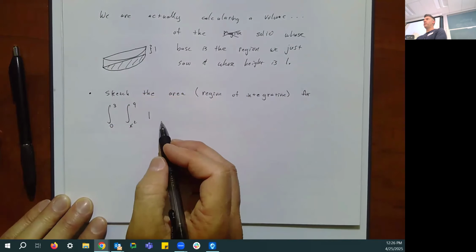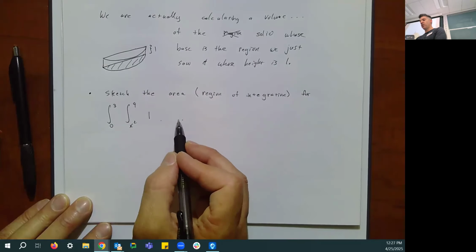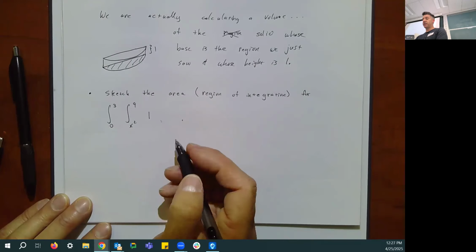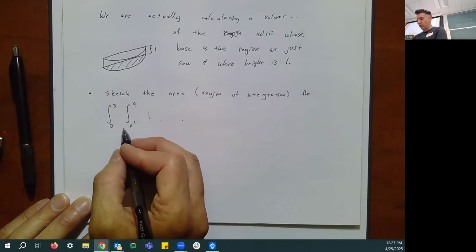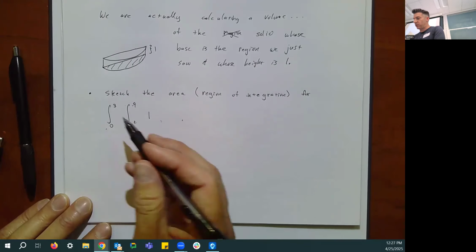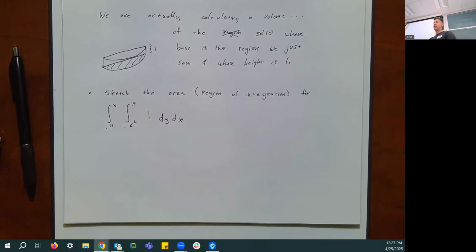Let me ask you all, should this be a dx then dy or a dy then dx? Right, it's got to be dy first because we know that this is y equals x squared to y equals 9. This is x equals 0 to x equals 3. So we want to sketch that region.